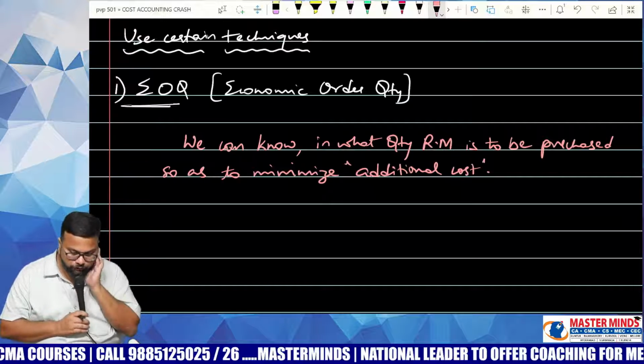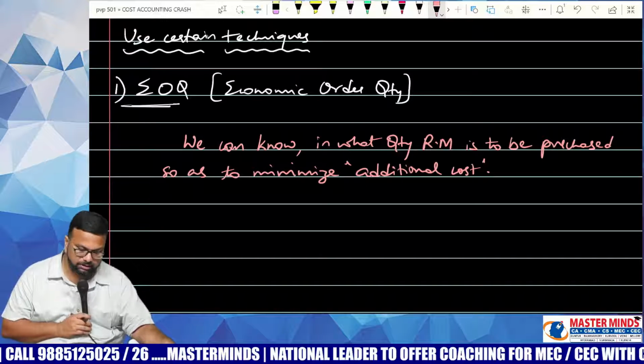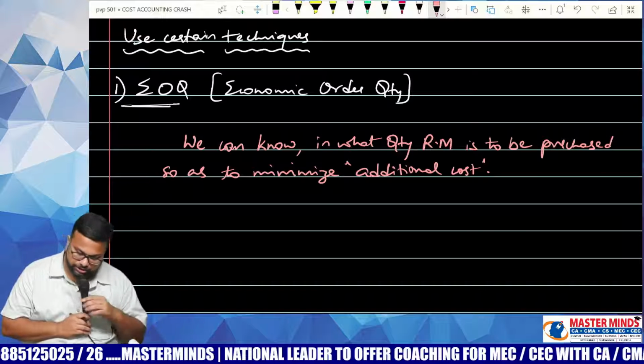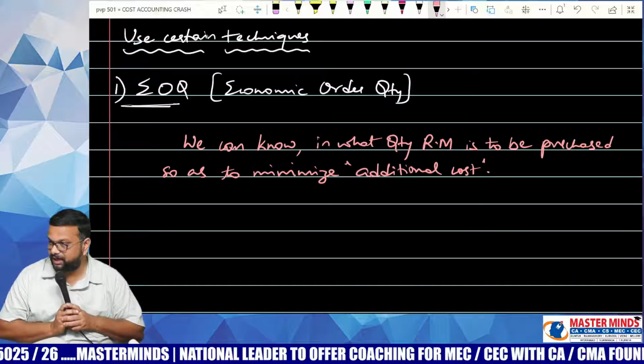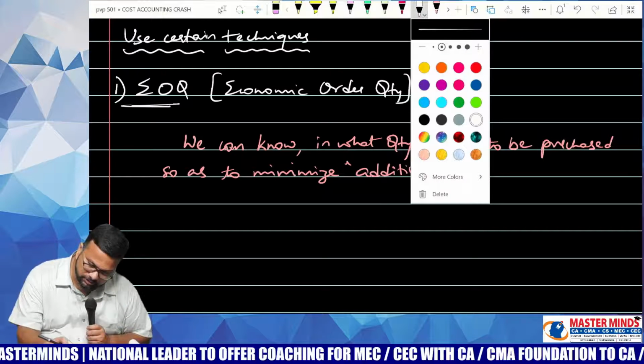Under EOQ, we are going to learn in what quantity raw material is to be purchased so as to minimize additional cost. Sir, what do you mean by additional cost, sir?